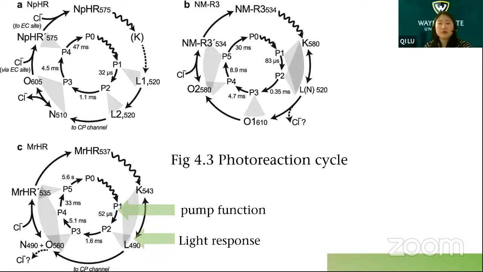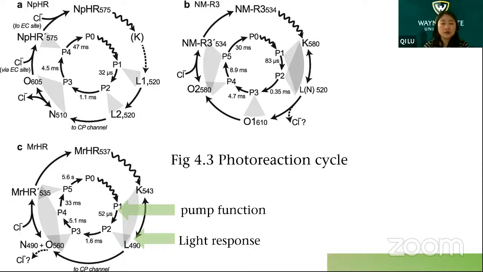And now let's move on to take a look at the photoreaction cycle. This diagram shows the photoreaction cycle, and the inner cycle is more focused on the pump function, determined by how the conformation changes, whether the ion channel is in an open state, a closed state, or a decayed inactive state, something like that.